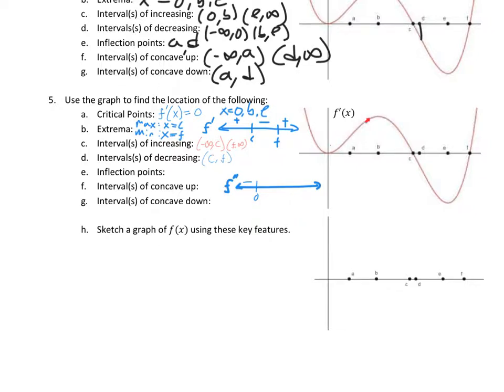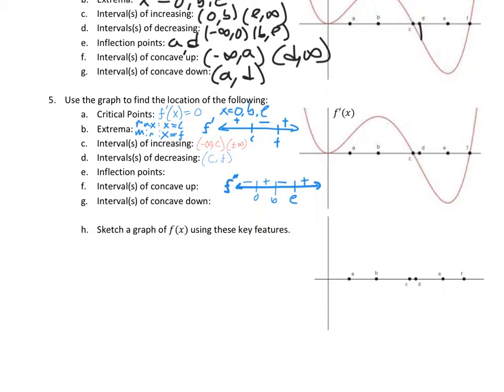Then our slope is positive, going to b. And then the slope is negative, going down to e there. All right, going to e. And then from e to infinity, we're going up. Okay, the slope of the first derivative is the second derivative.